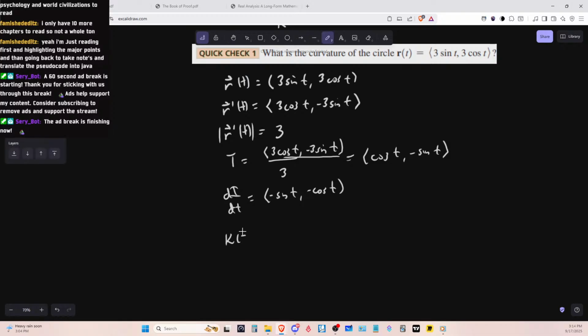So T is equal to that times that, because it would just be equal to sine squared plus cosine squared, which is 1.